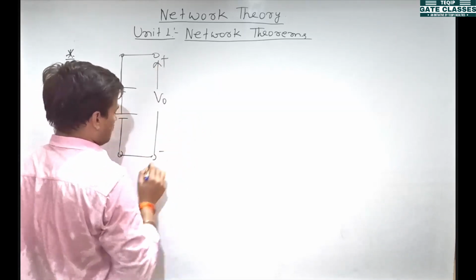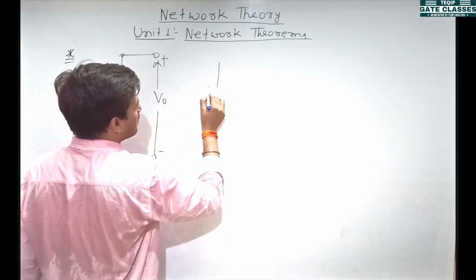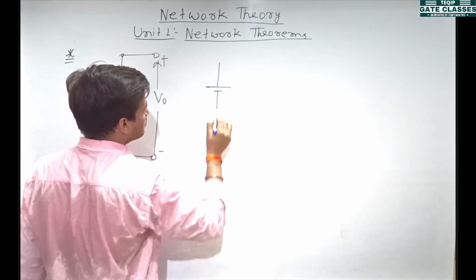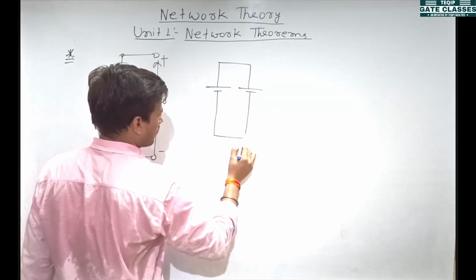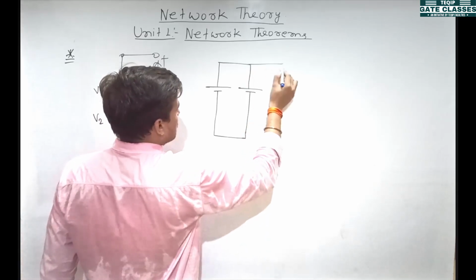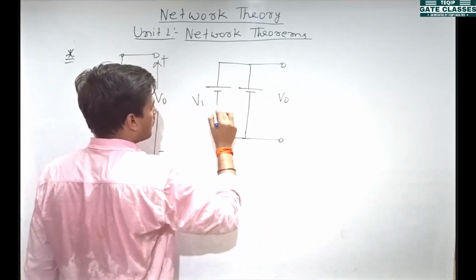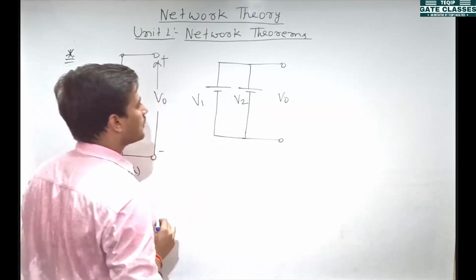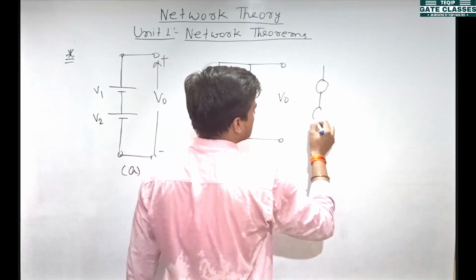This is circuit 1. In the second circuit, you will see something like this one. This is V0, V1, V2. Clear?